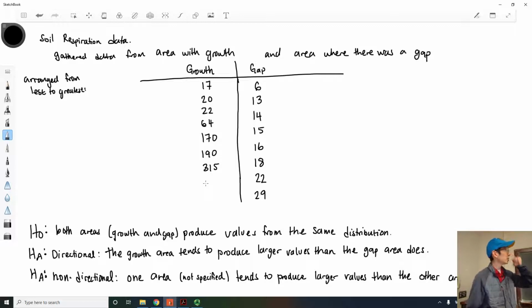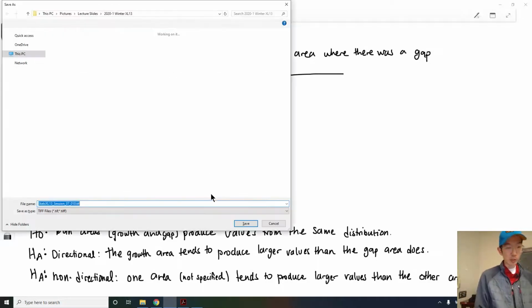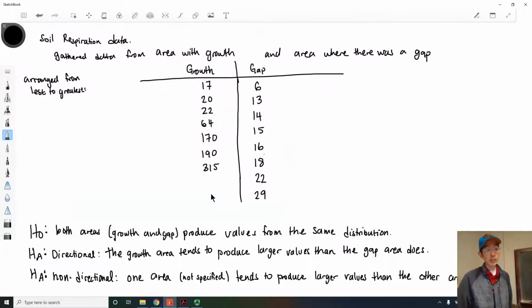The gap numbers don't seem to be extremely large or small, so maybe those come from a normal distribution, but the growth numbers certainly don't feel like it. Because we only have a sample of 7, it would make us uncomfortable to assume the sampling distribution is normal.